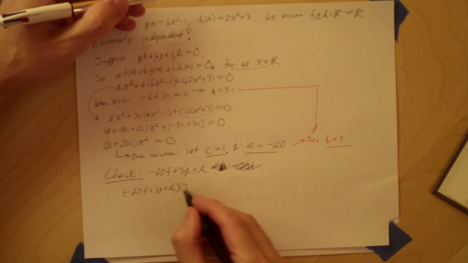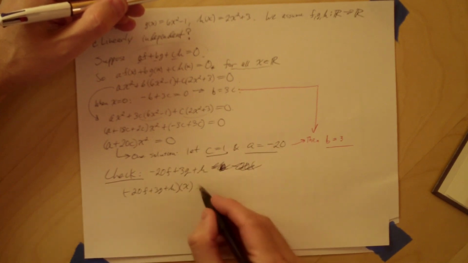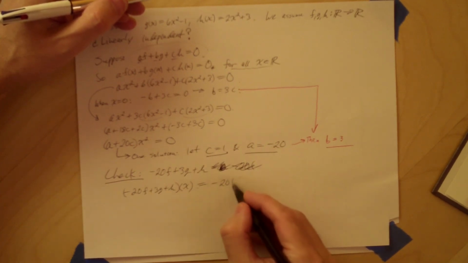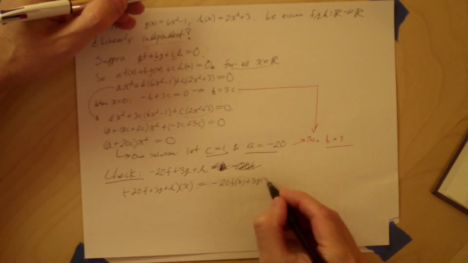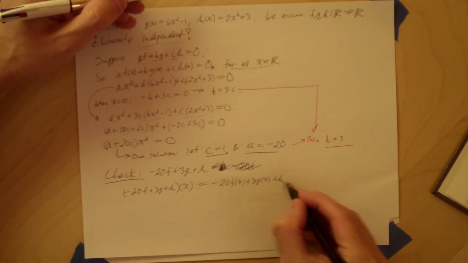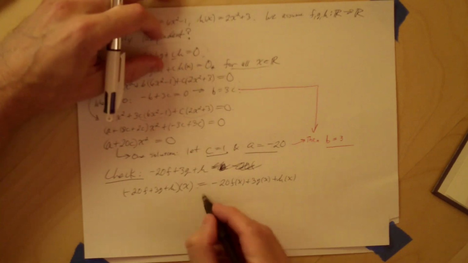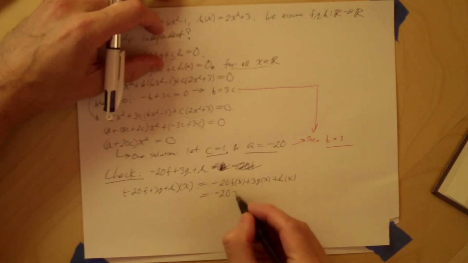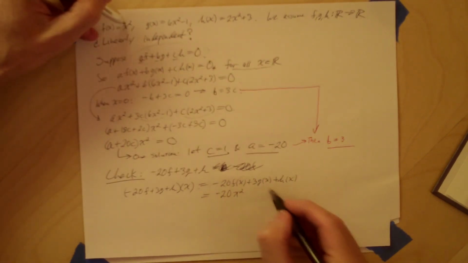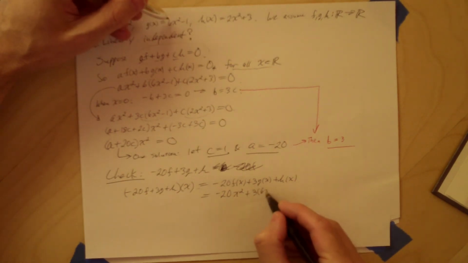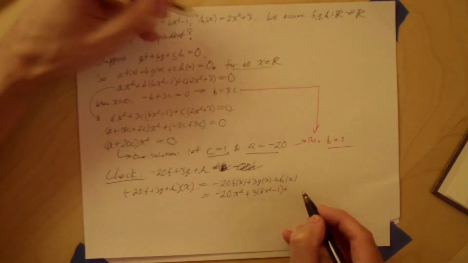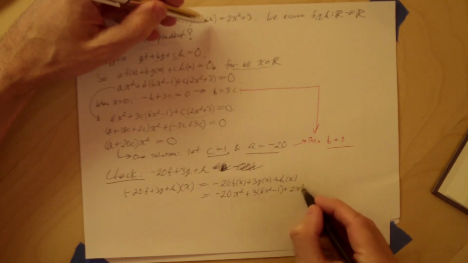We're putting x into this, any real number x. Negative 20 times f of x, which is x squared, plus 3 times g of x, which is 6x squared minus 1, plus h of x, which is 2x squared plus 3.